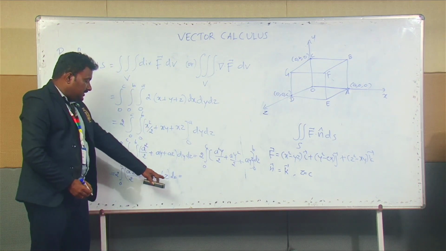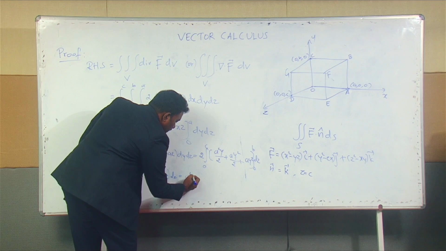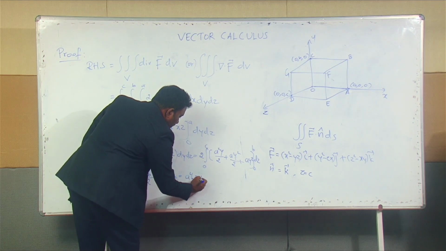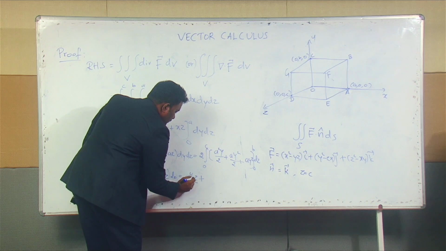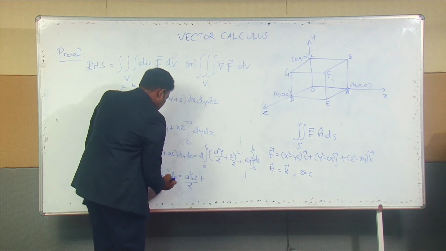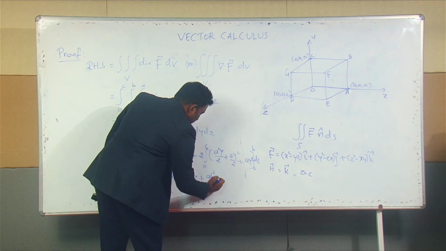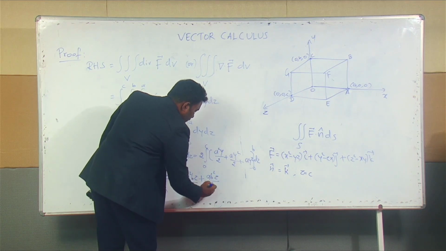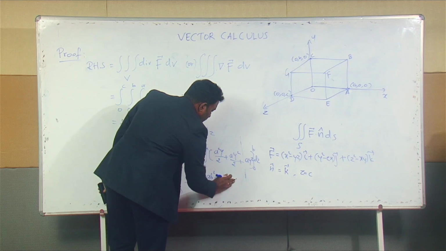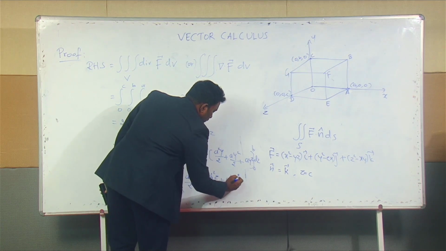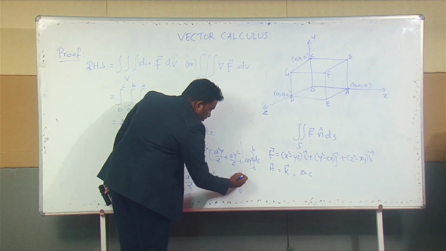When you start integrating with respect to z, it becomes a squared b z plus a b squared z by 2 plus a b z squared by 2, with the limits 0 to c.